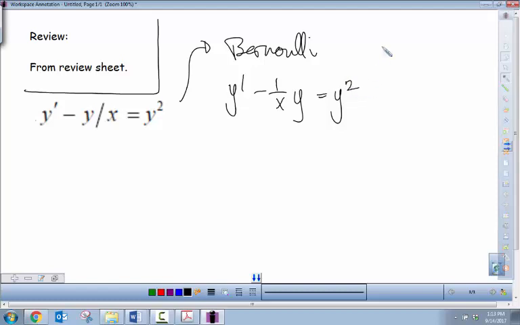So n is equal to 2 in this case, right? And what we want to do is make a substitution. Did we use u? 1 minus n. So that's 1 over y, or y to the negative 1.